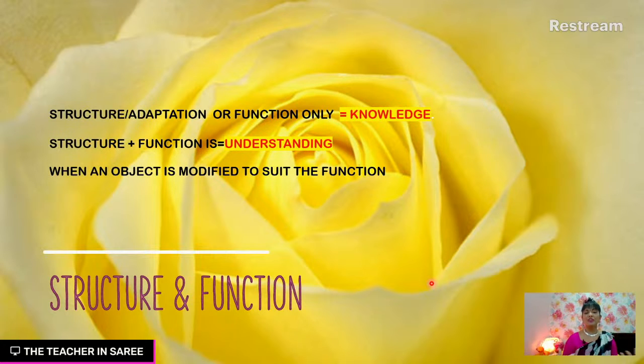This is when I use the word understanding. That is the second level of the Bloom taxonomy, our learning taxonomy. The structural feature and functional feature are at the understanding level, but they have to come hand in hand. So the analogy of getting married is very suitable for this.